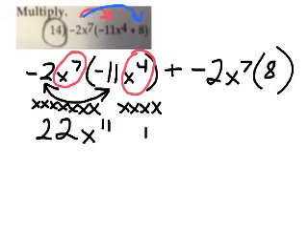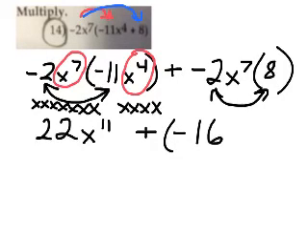All right, second part of this problem. We have negative 2x to the 7th times 8. We multiply the numbers times the numbers. So that gives us a negative 16. And then there's no exponent. If this had an exponent, it would be x to the 0 power, which equals 1, right? So this x to the 7th, we just keep the x to the 7th. Can't just get rid of it because it's not there.